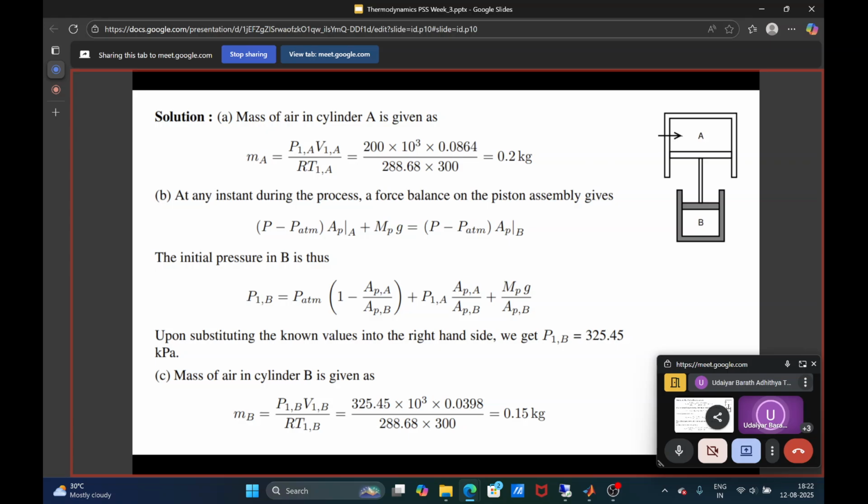Initially we know the pressure, volume and temperature for cylinder A, and for air we know R. Substituting the values, P is 200 into 10 power 3, volume is 0.0864, divided by R as 288.68 into 300, the temperature. So you get the mass as 0.2 kg.